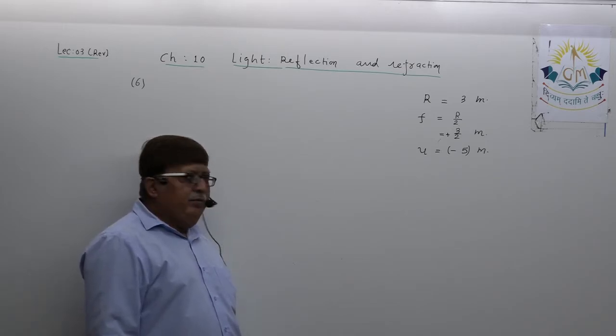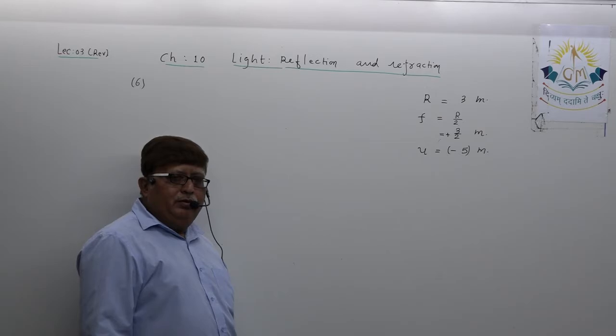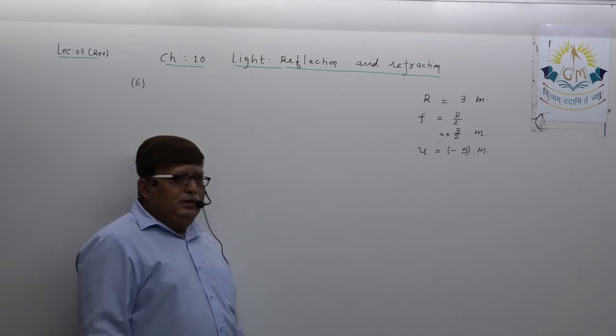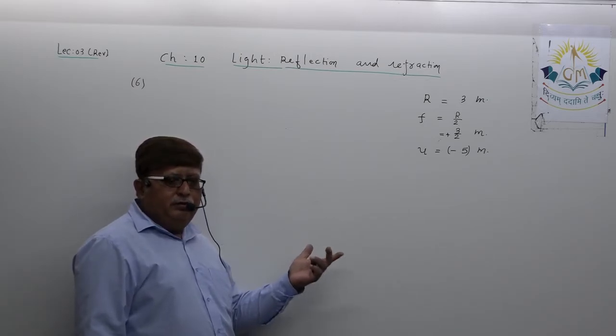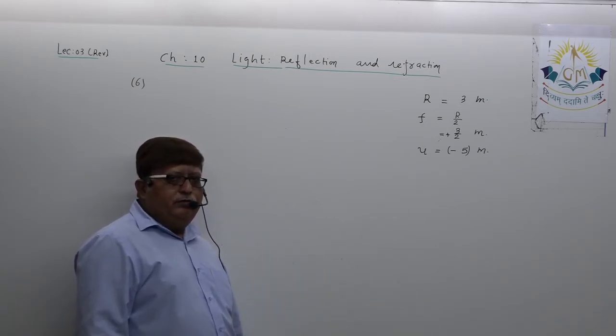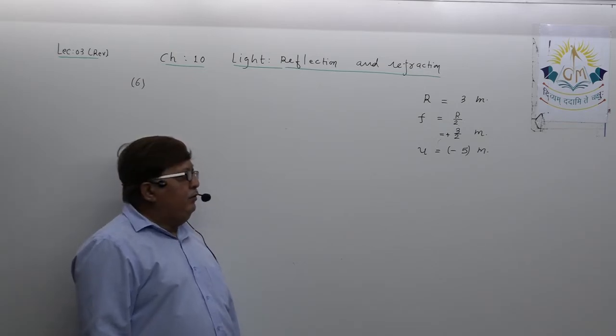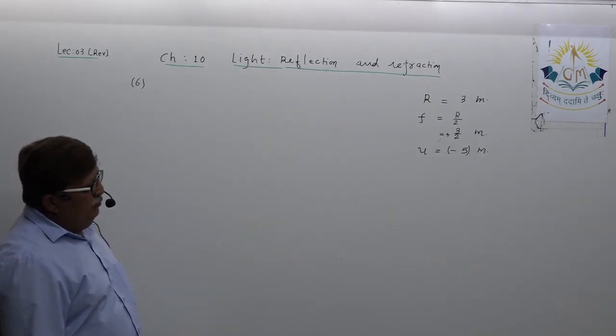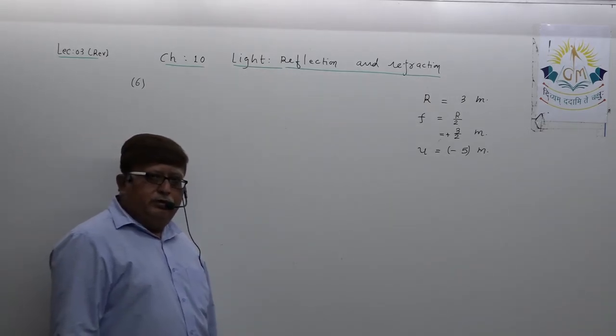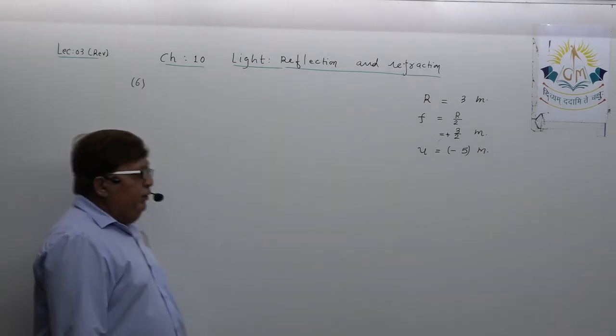I think they have eliminated the Cartesian sign convention rules from your portion, though they may have neglected or avoided them, you need to concentrate because they are going to help you for solving any example. So we found the focal length, object distance minus 5.